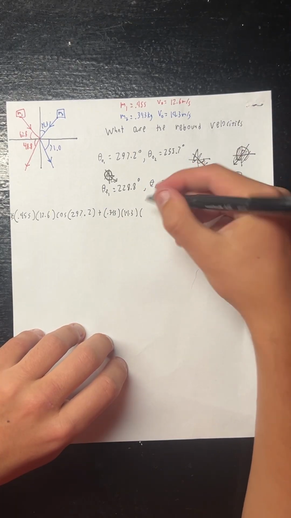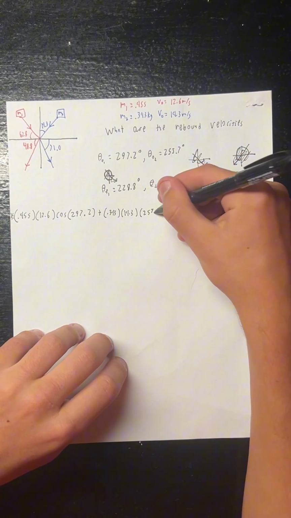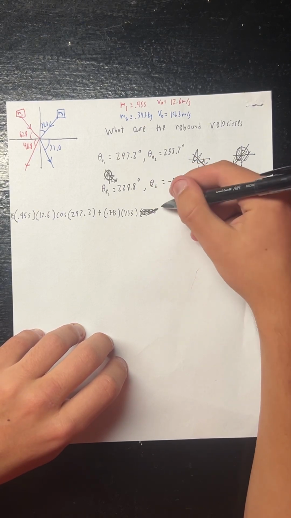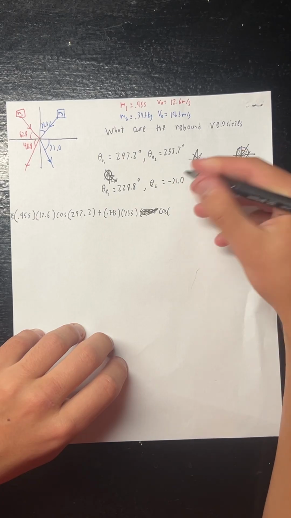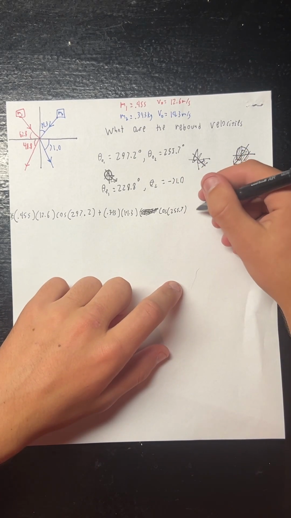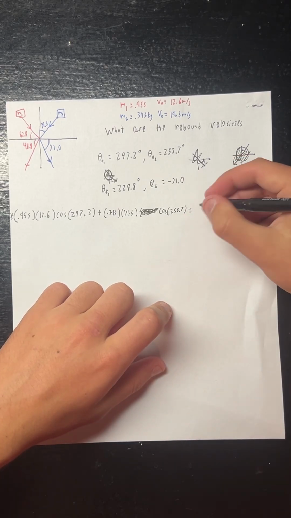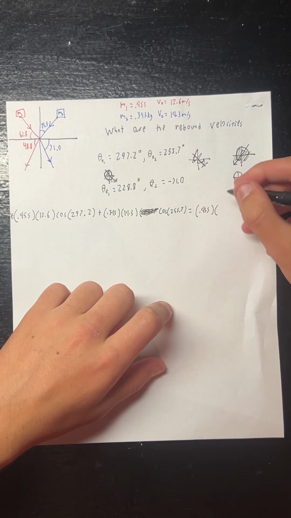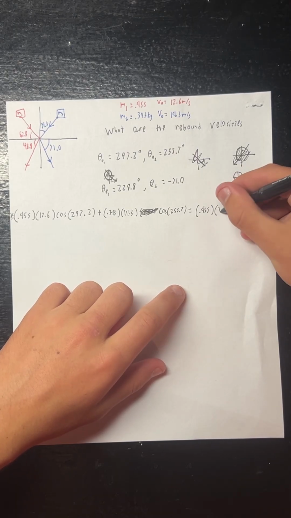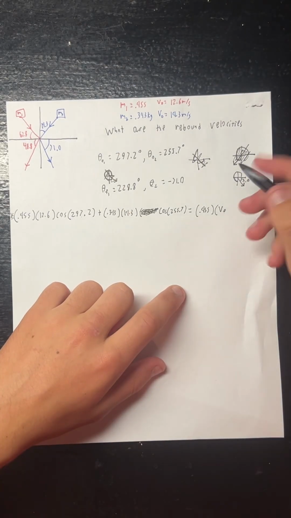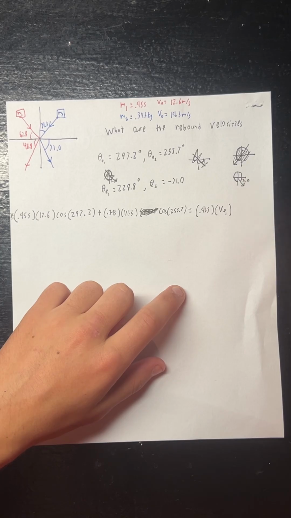Then that is going to equal m1, 0.455, times the v final, which we're trying to find, the v final for 1, so vf1, times cosine of our rebound theta.